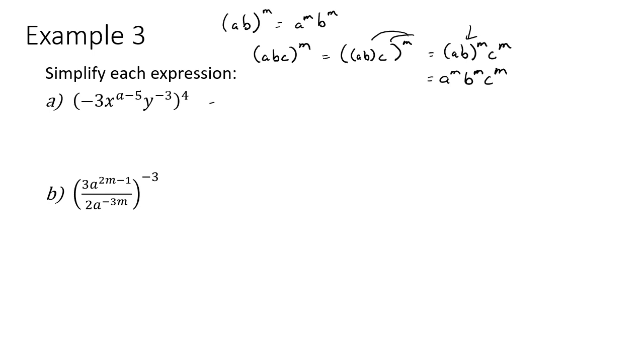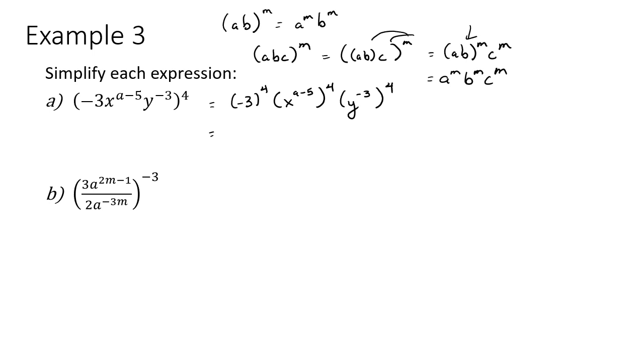So what that means for part A is that this is going to be negative 3 to the fourth power times x to the a minus fifth to the fourth power times y to the negative third to the fourth power. Just raise each of the three terms to the fourth power.